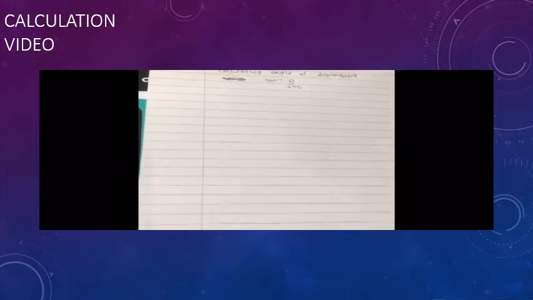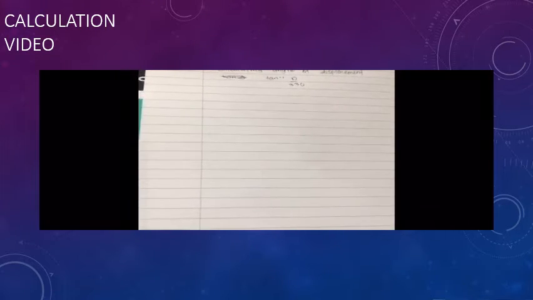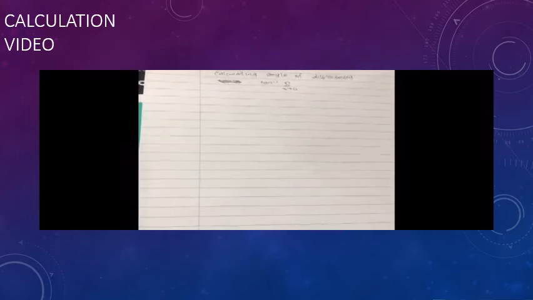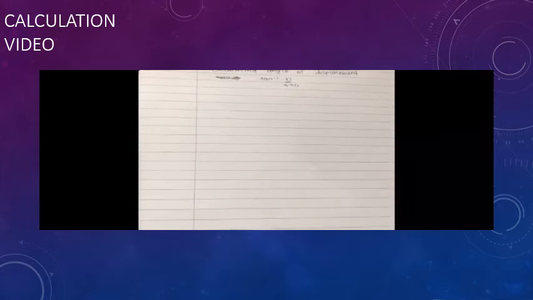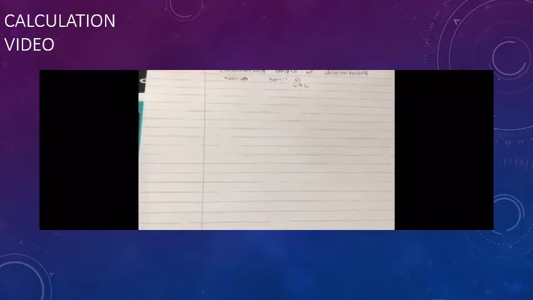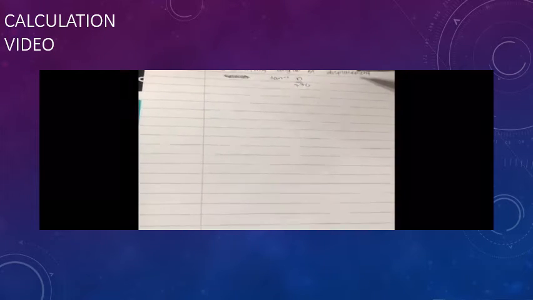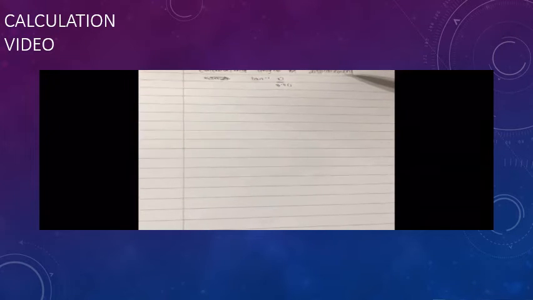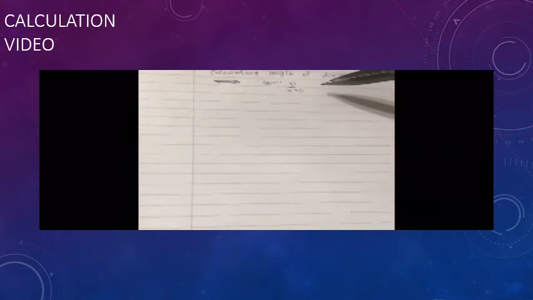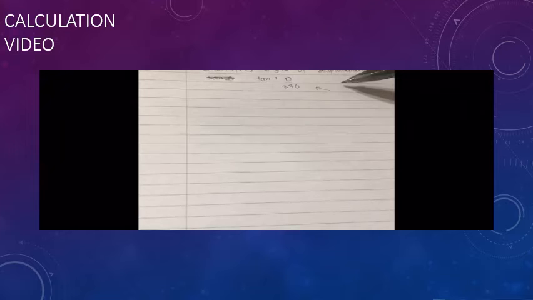Hi, Assalamualaikum. Today I will show you the calculation video for calculation of angle of displacement. This is the formula, and 330 is the constant in this formula.